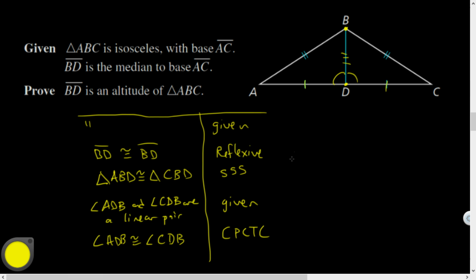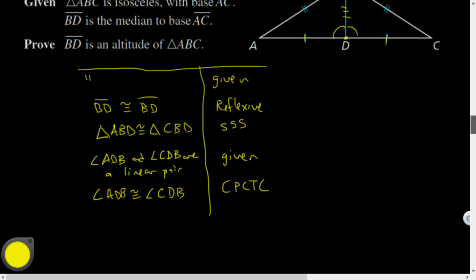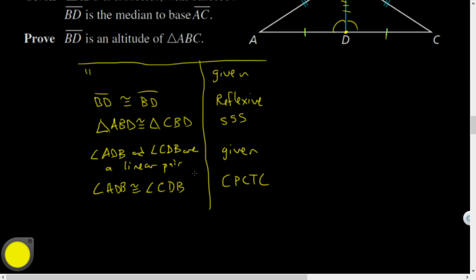Since they're a linear pair and they're congruent, they add up to 180, and their measures are equal by definition of congruence. They're both going to be 90 degrees.